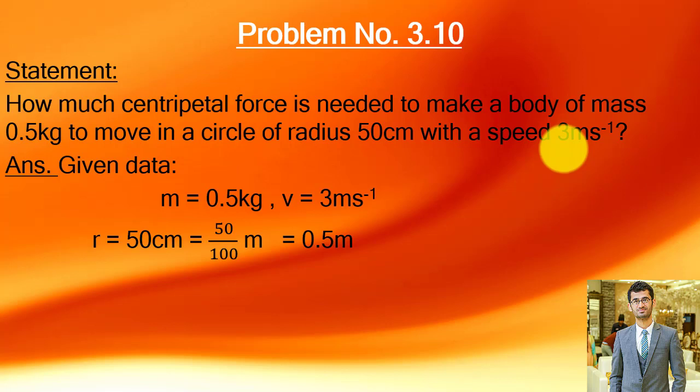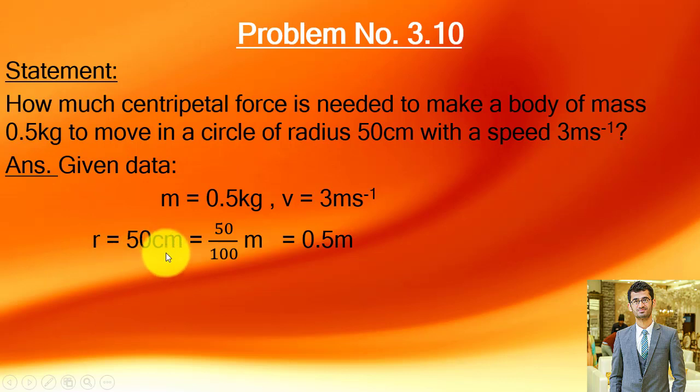Given data is mass of the object, that is 0.5 kg, speed v is equal to 3 meter per second, and radius of the circle, that is given in centimeter, its value is 50 centimeter.